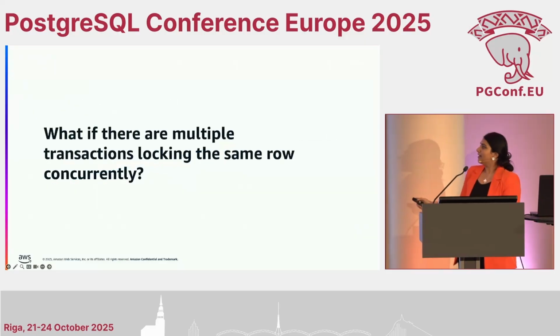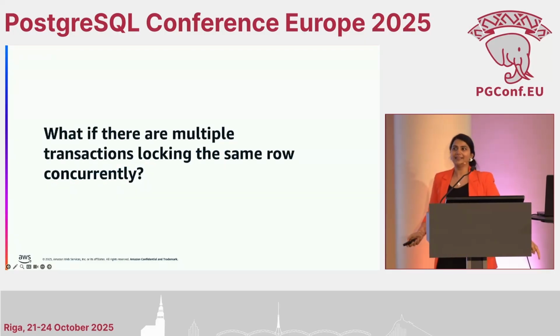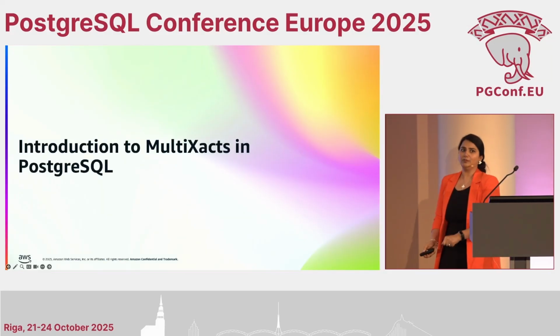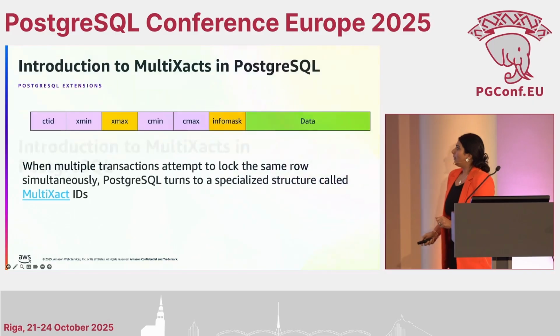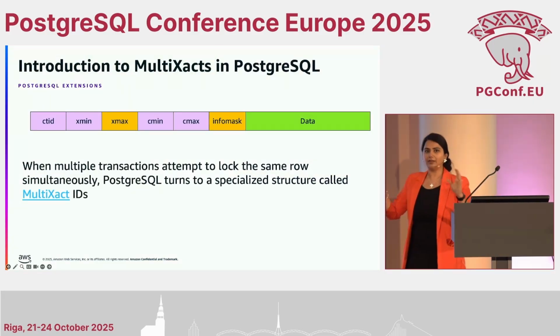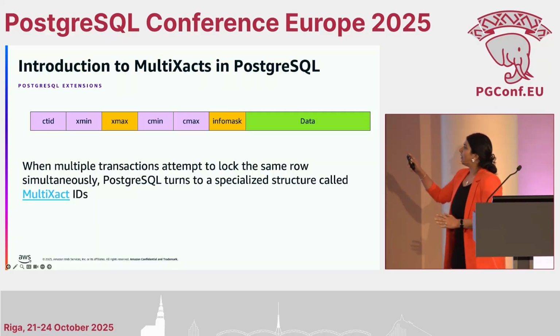But what if there are multiple transactions locking the same row concurrently? And for that, we need something called MultiXacts in Postgres. So before we understand that, let's look at how a tuple header looks like. This is a row in Postgres, and you have multiple things.